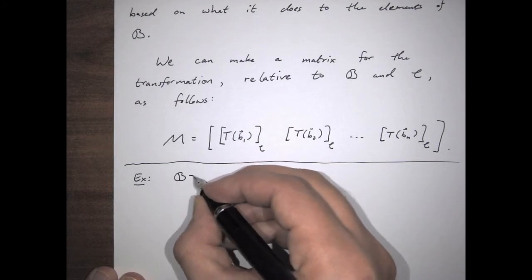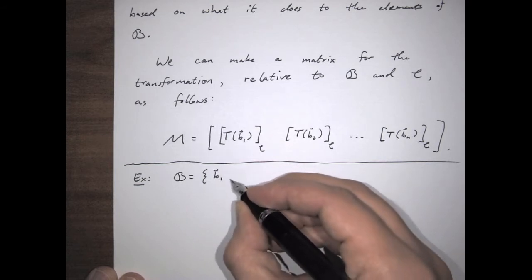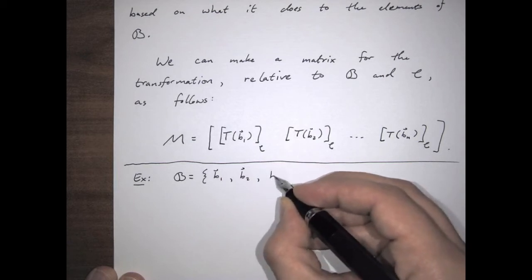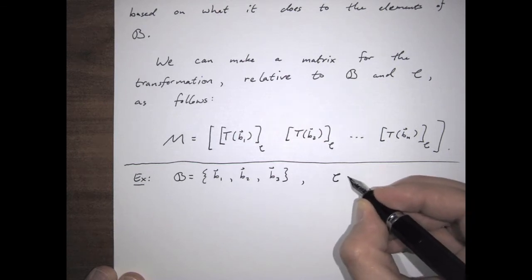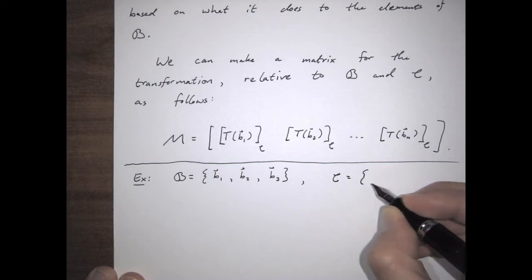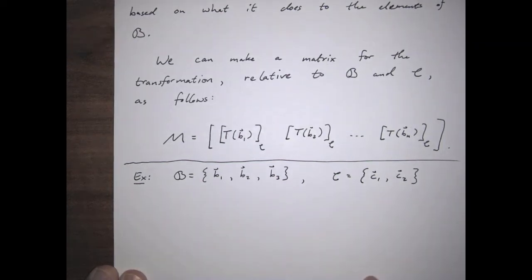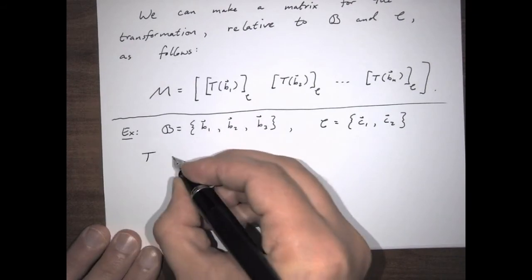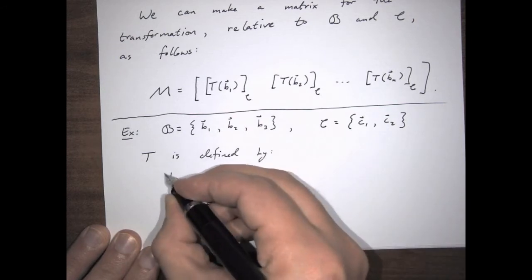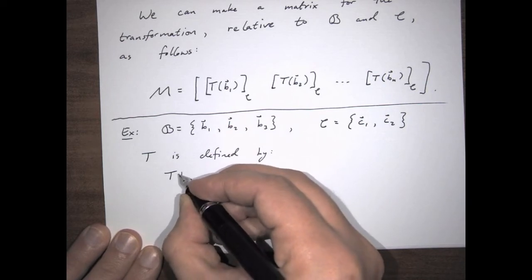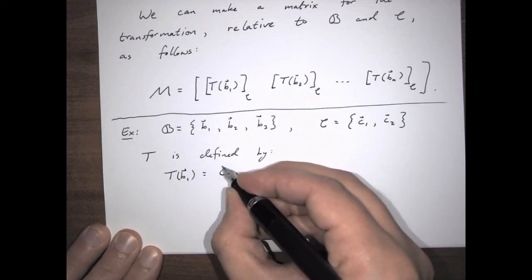So if basis B, let's say, has three elements, B1, B2, B3, and let's say basis C has two elements, C1, C2, then let's say that T is defined by T of B1 is equal to, we could say something like C1 minus C2.